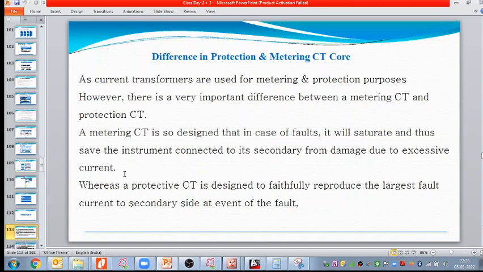The significance of the protective CT core is that it should not saturate on a low amount of current; it will saturate only at a high amount of current. The main objective of the protective CT is to faithfully reproduce the largest fault current to the secondary side in the event of a fault. That is the difference.